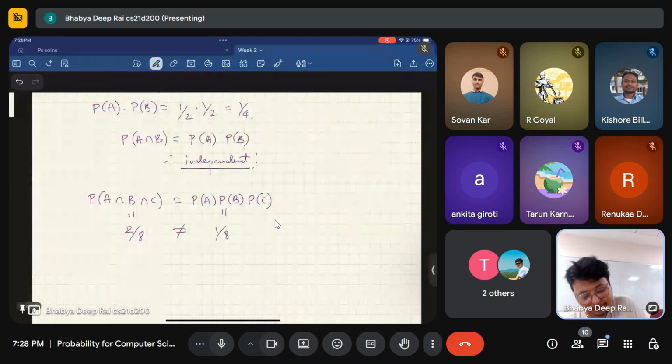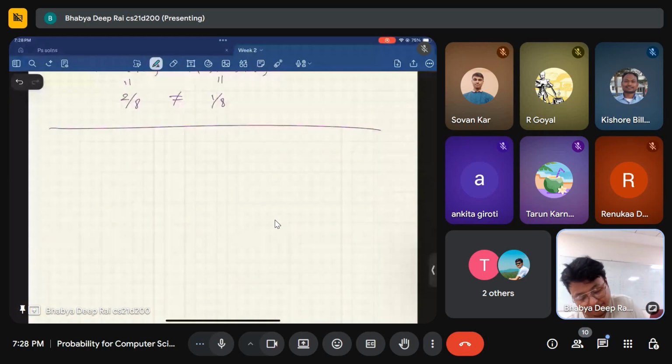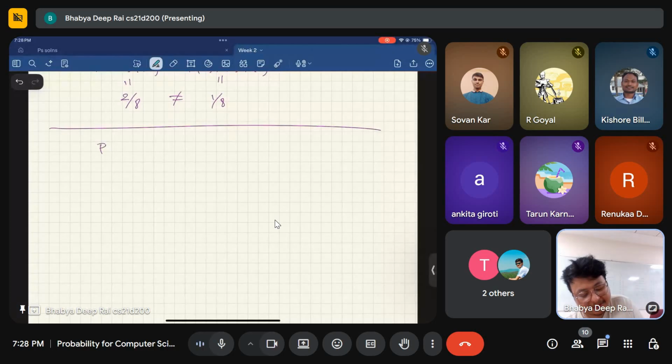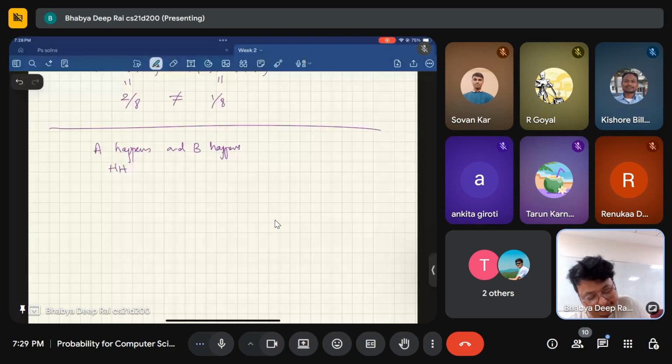So what is the intuitive explanation? A happens and B happens, suppose. A happens means the first two coins show the same, say heads. B happens means the second and third coin match, but the second is already fixed to heads, so the third is heads.